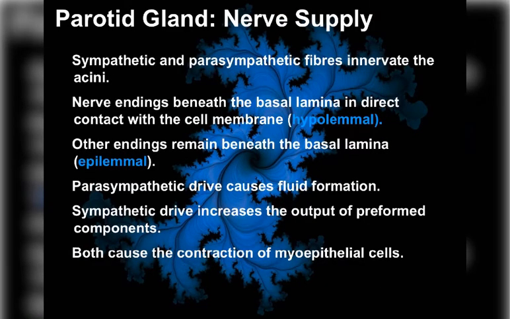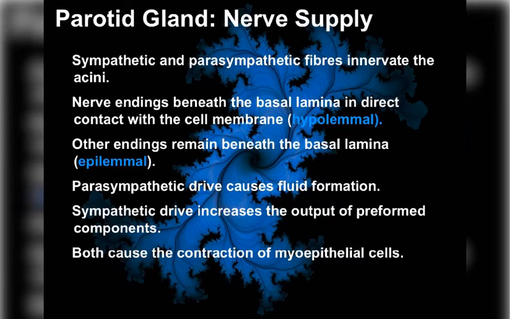The nerve supply of the parotid, as we mentioned before: parotid gland and submandibular gland secretions are nerve mediated, and they are under the control of the autonomic nervous system. Autonomic nervous system includes sympathetic and parasympathetic fibers.